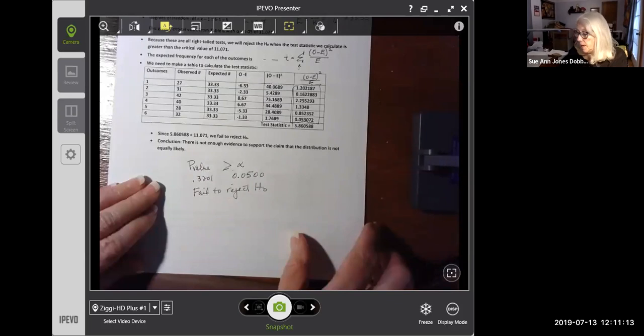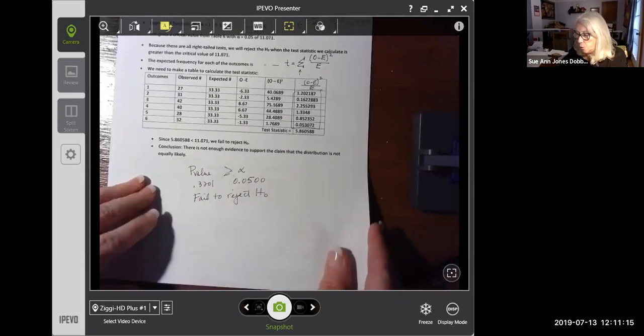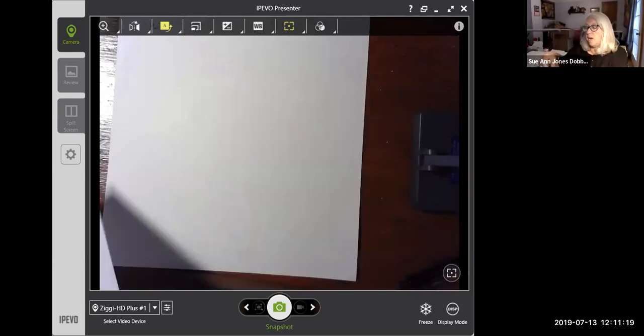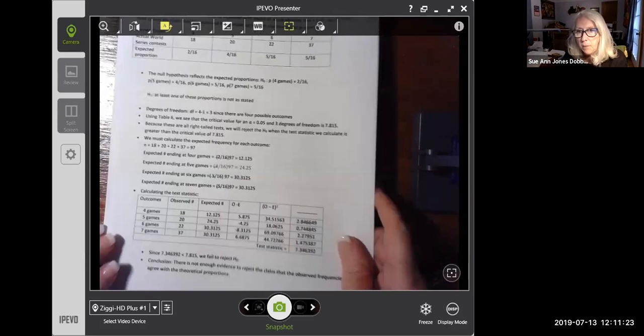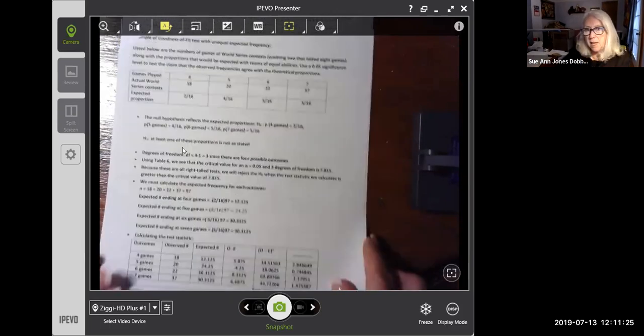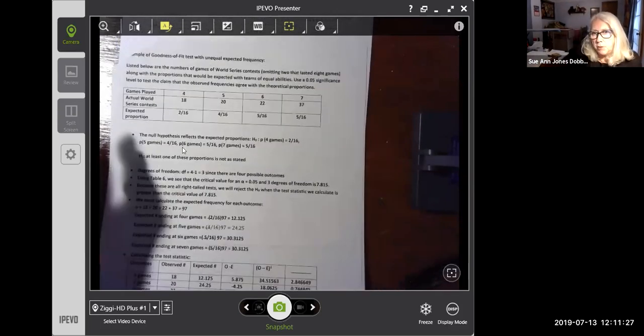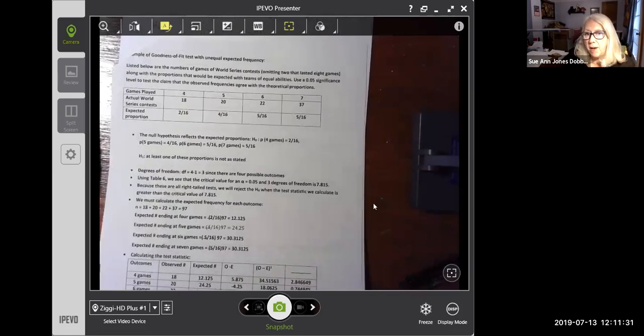The other kind of test that you can run in this first section is what we call an unequal expected frequency. And that's like this problem that I'm posing here. So in this case, it's about the World Series. This is the count for the World Series. This is actually last year, so it didn't include last year's World Series.